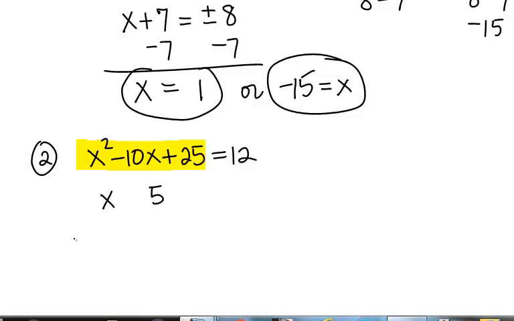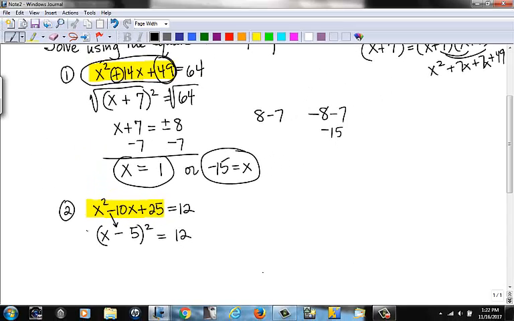And if you multiply those two together, be 5x and double it, do you get the middle term? Yeah. So this is a trinomial square, and this tells you the sign inside. So you can factor that back into the square of the binomial, x minus 5 quantity squared equals 12.